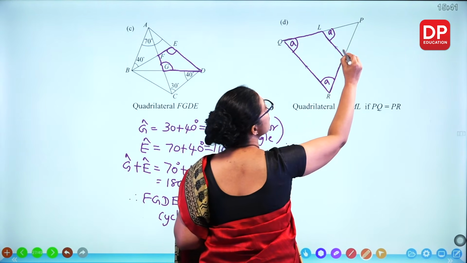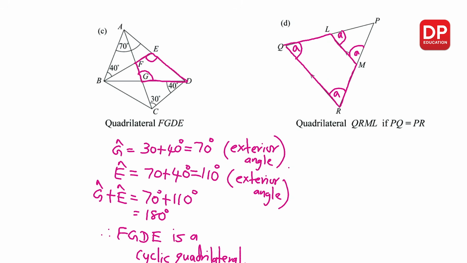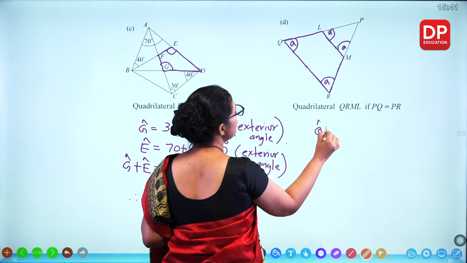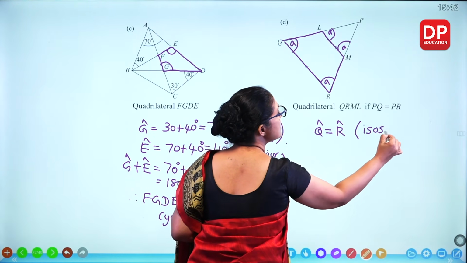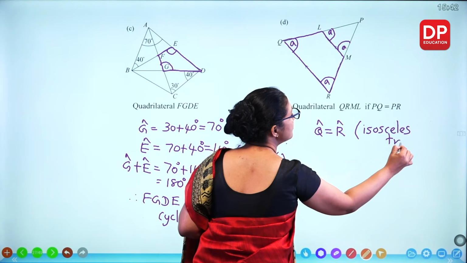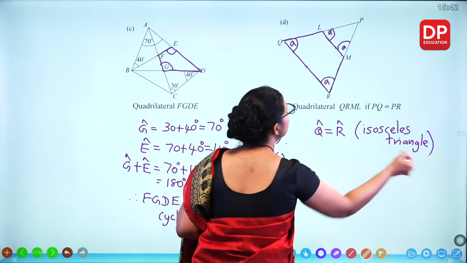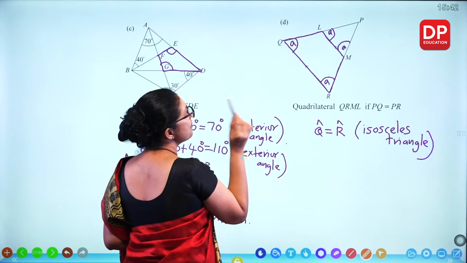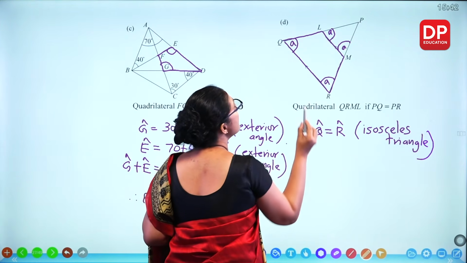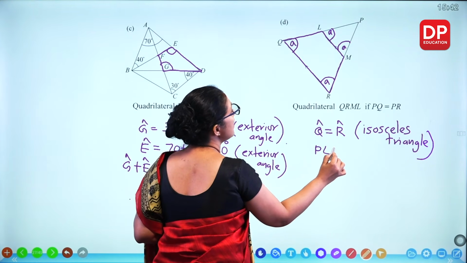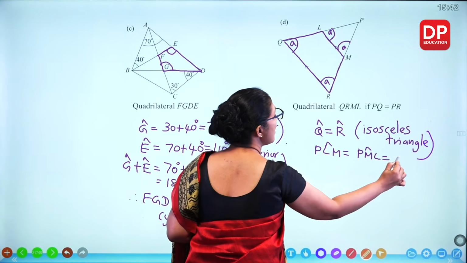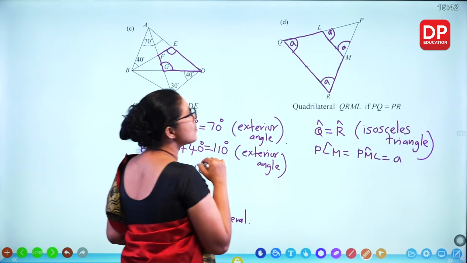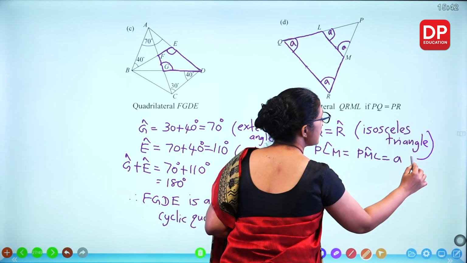If this is A, this is also A. So first we'll write down Q angle is equal to R angle because of isosceles triangle. Then this is A, PLM angle and PML angle both are A because of parallel lines, alternate angles.